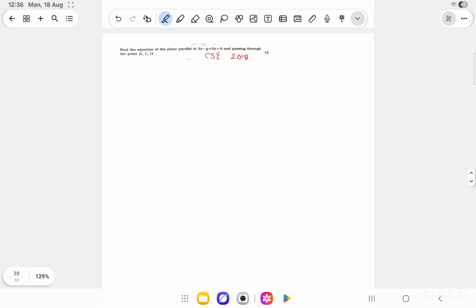So in next question they have asked to find the equation of plane which is parallel to this.